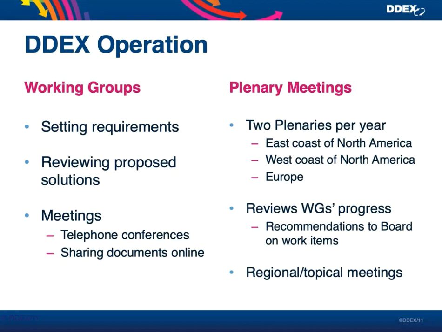We also have two physical plenary meetings per year, which rotate between the east coast of North America, west coast of North America, and Europe. And the purpose of those is to review everything that the working groups are doing, make recommendations to the board about new work items, and generally try and push the agenda forward as far as the technical work that DDEX is doing.